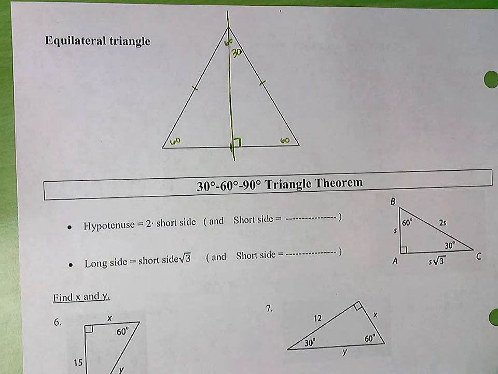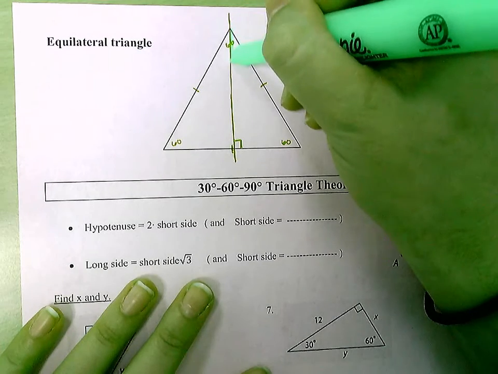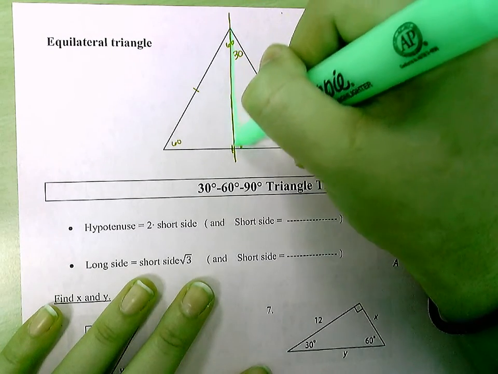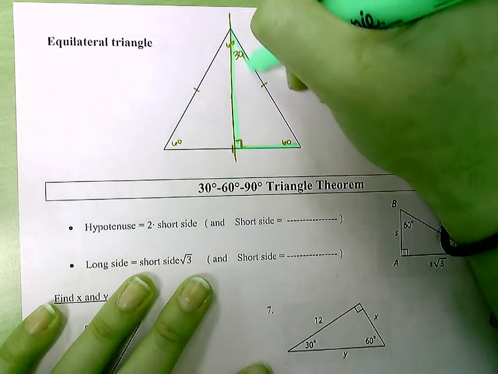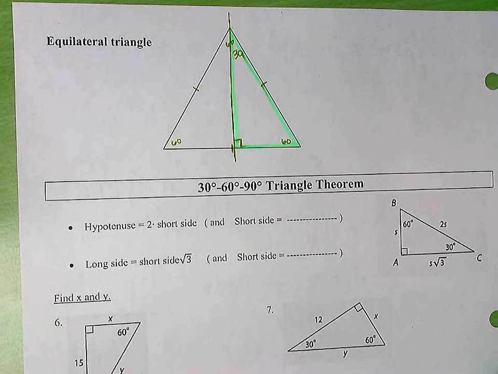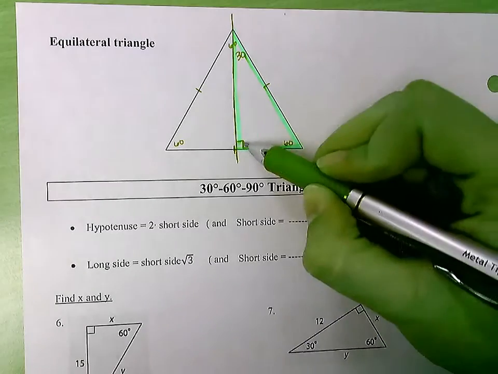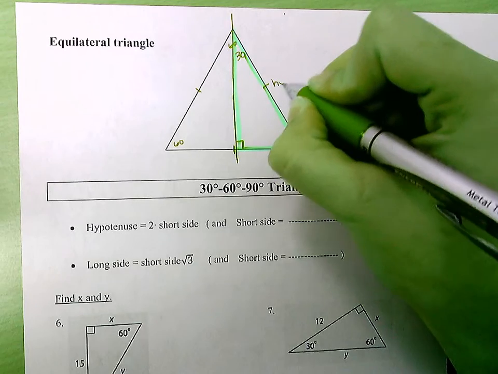So now I'm going to look at this right triangle that I just formed. Right here. So this is the triangle I'm focusing on now. So just like we did with the square on the front, I'm going to label the sides. So opposite that 90-degree angle is your hypotenuse.